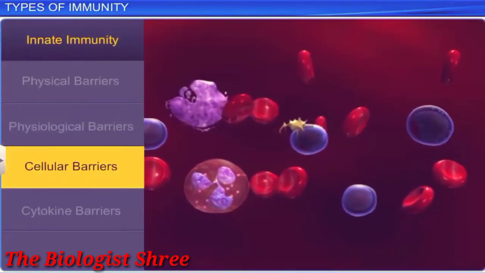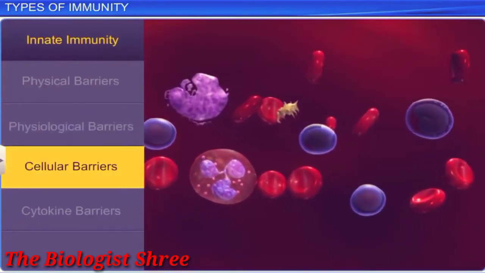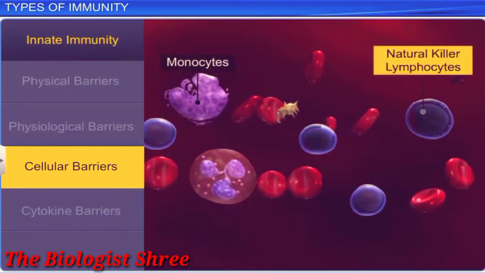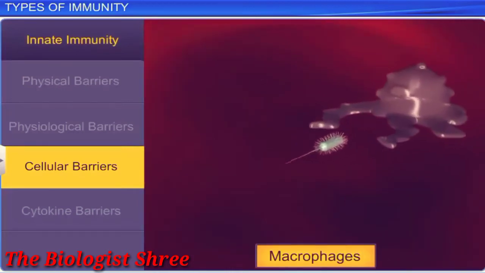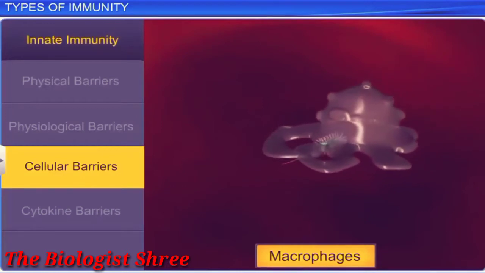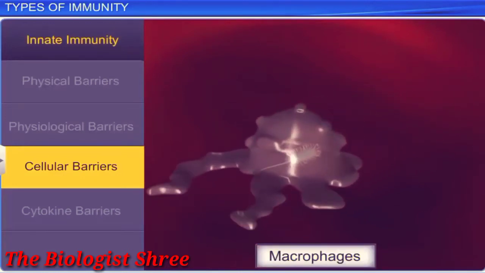Our body also has certain types of leukocytes or white blood cells or WBCs, such as monocytes, natural killer lymphocytes, and polymorphonuclear leukocytes, also known as PMNL neutrophils, in the blood. Together, they constitute a cellular barrier, along with macrophages in the tissues. They can also destroy microbes.